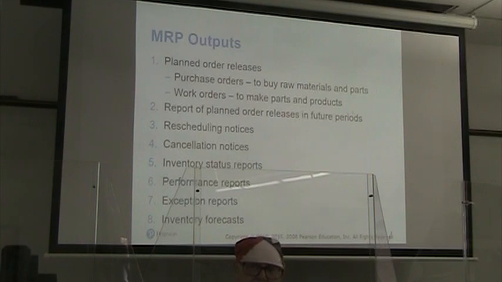Again, we may make a lot of stuff, but there's always going to be a need for the raw materials to make our stuff and a lot of commercial off-the-shelf type of stuff that we may need to make our products, that it's just too much to have to worry about in-house.